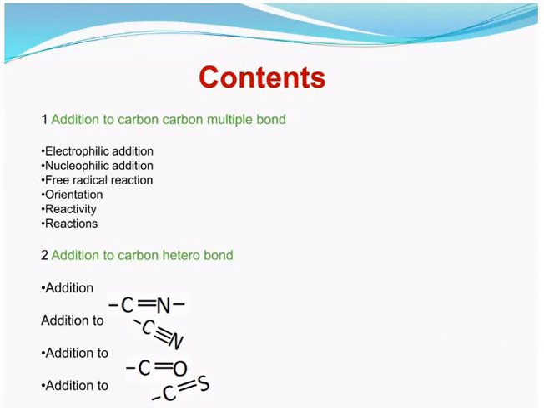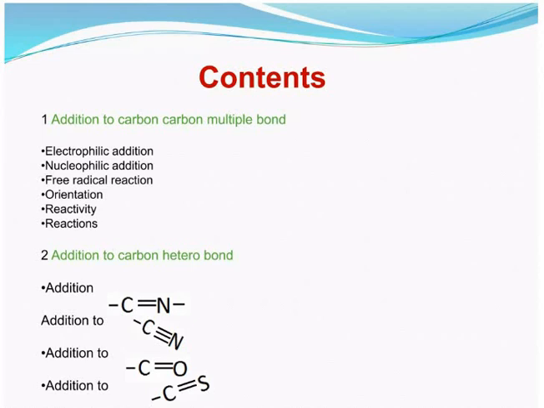Another topic which I will cover in this video is addition to carbon hetero bonds. Addition to carbon hetero bonds means again double bond or triple bond: addition to carbon-nitrogen double bond, addition to carbon-nitrogen triple bond, addition to carbon-oxygen double bond, addition to carbon-sulfur double bond.